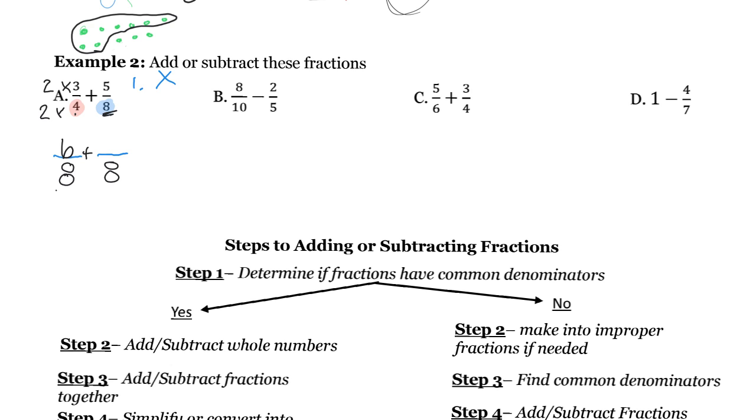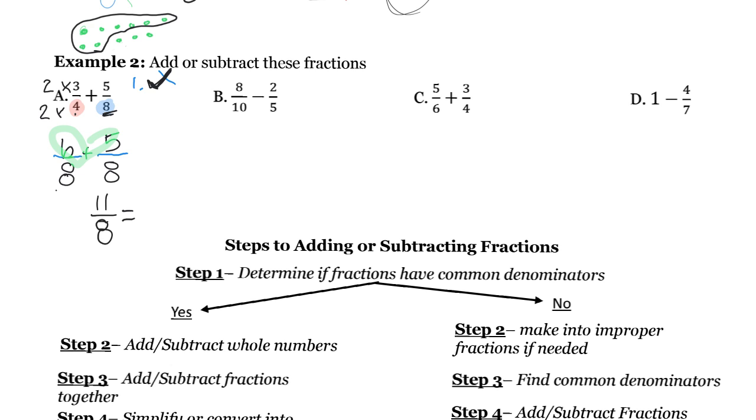So this becomes a 5. Now step one changes to yes. Now they both have a denominator of 8, so now we can add or subtract. In this case, we're adding. So we add 6 plus 5, which gives us 11 over 8.